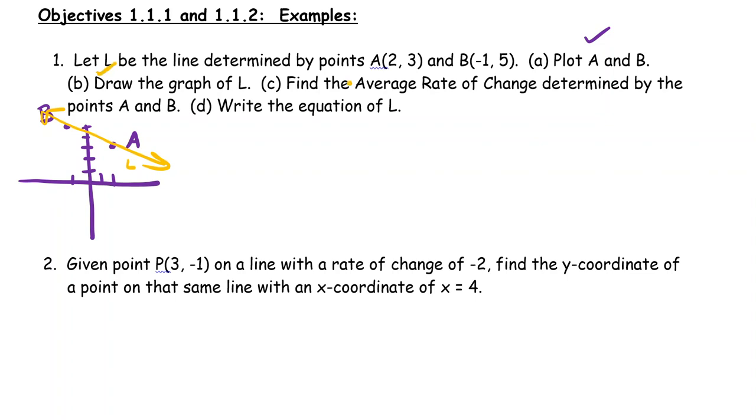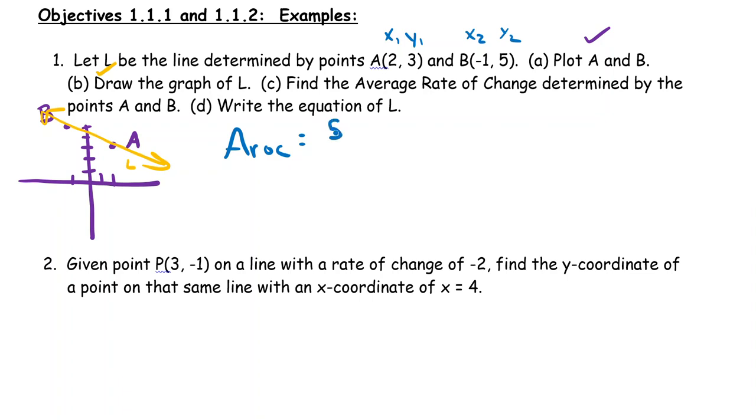Check. Find the average rate of change determined by points A and B. Okie dokie. So the average rate of change equals, well, if you want to do it from the graph, you can, but I'm going to go ahead and use my ordered pairs and just remind yourself, this is the x1 coordinate, that's the y1, and this is the x2 followed by the y2.